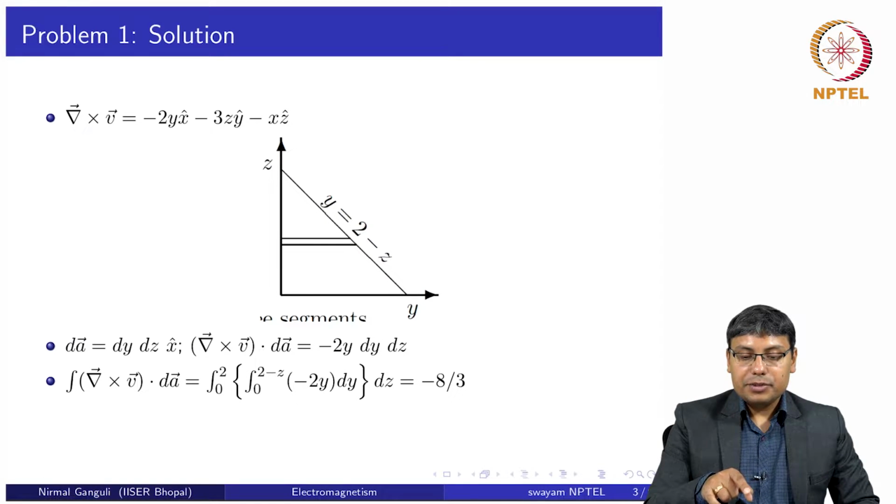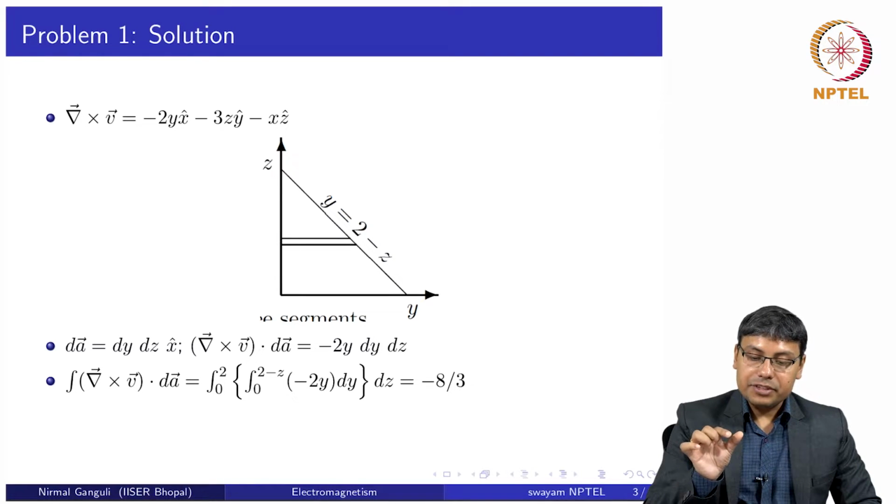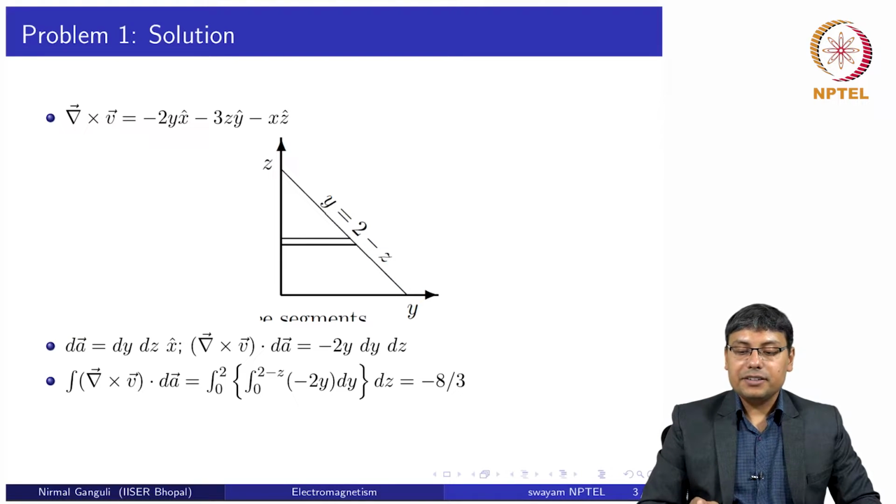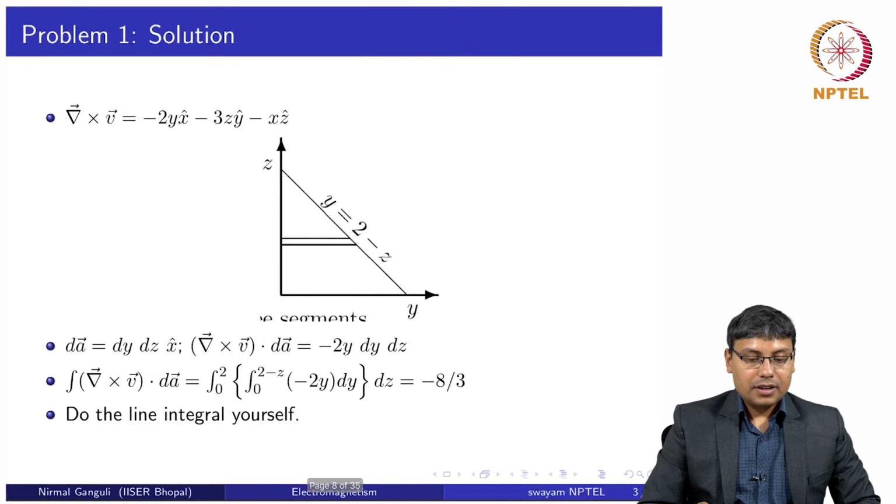So, the argument will be minus 2y dy, and the limit of this integral will be from 0 to 2 minus z. And then whatever we get after performing this integral, we perform the z integral on this over the range 0 to 2, and by performing these two integrals we will obtain the value minus 8 over 3. Please perform this integral yourself.